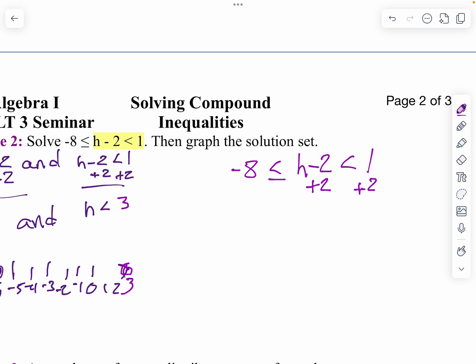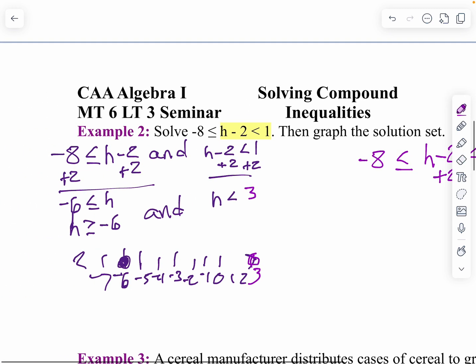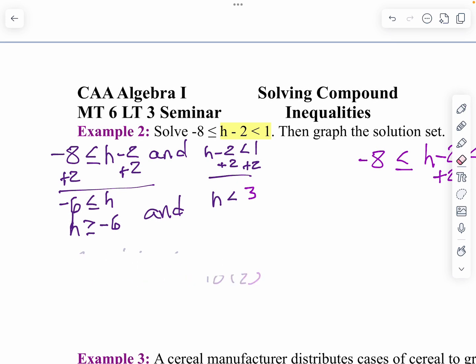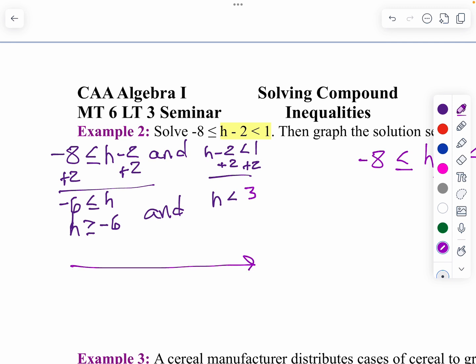Okay, I'm just going to redo that one since I messed that up. So I have negative 6 and 3, closed circle at negative 6, open circle at 3. I'm going to shade in between them.